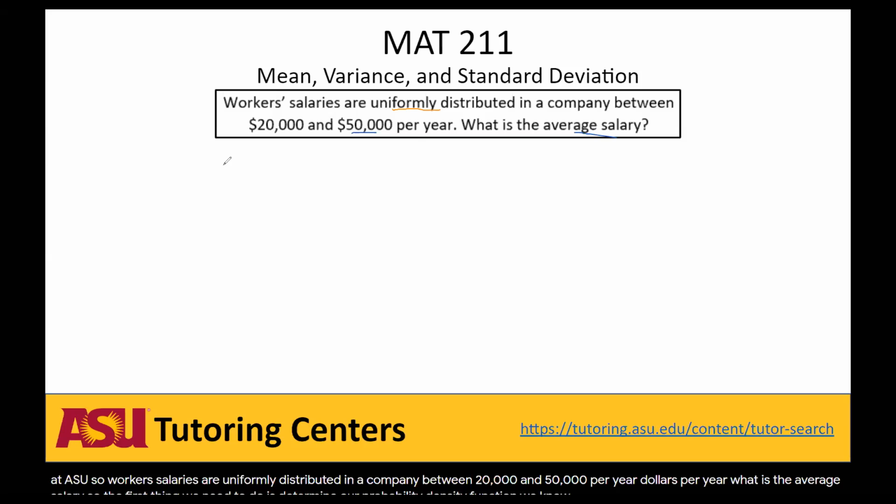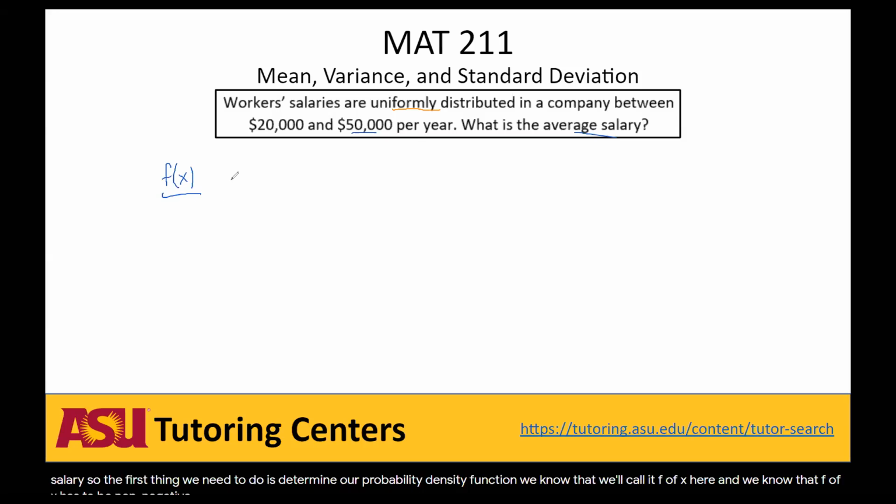We'll call it f of x, and we know that f of x has to be non-negative. This is because it's a probability density function, its values have to be between 0 and 1.